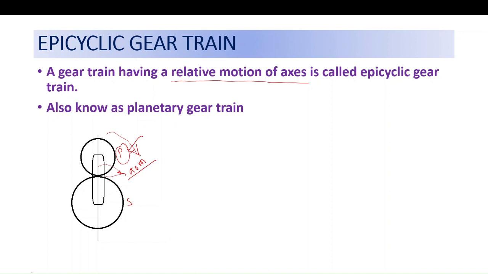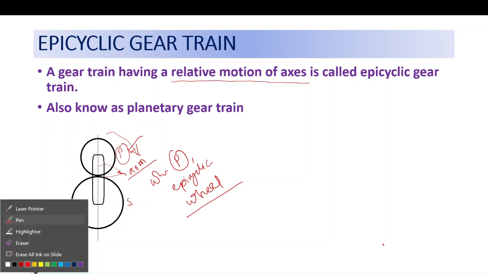This will constitute a simple epicyclic train, and this wheel P will be called the epicyclic wheel. So this is what an epicyclic train is.